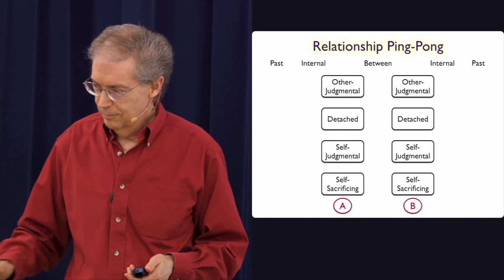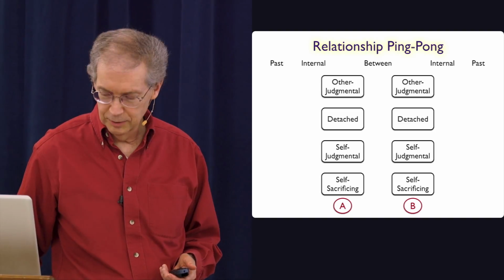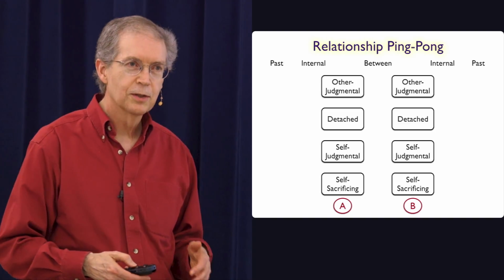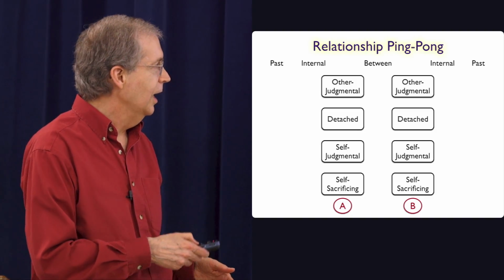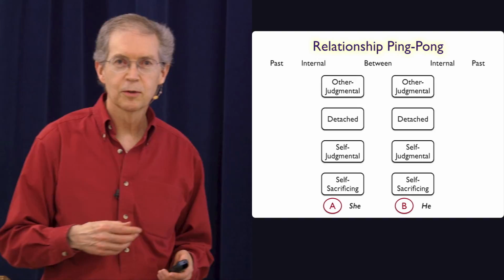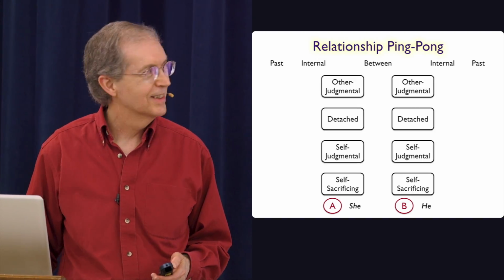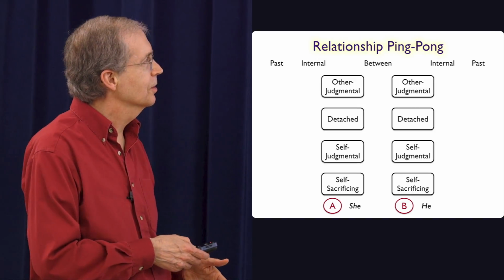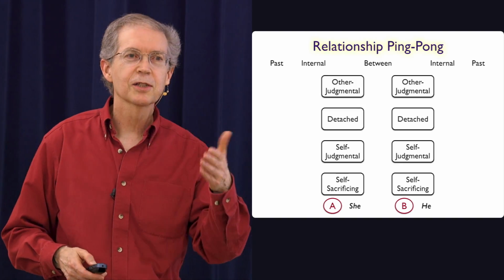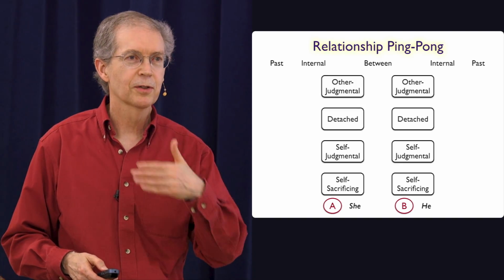So let's play the ping pong a little bit. Just to keep this organized, I'm going to say that A is she and B is he. You can project onto it what you like. I should say, first, this other judgmental means the subpersonality that likes to judge others and is critical of others.